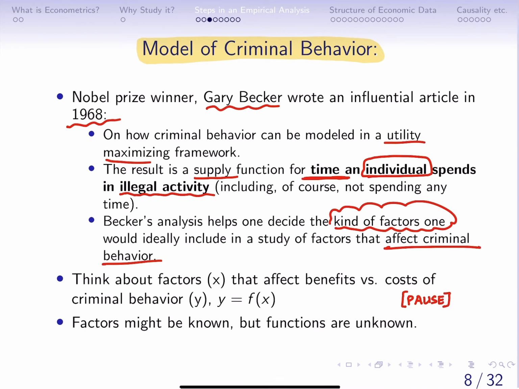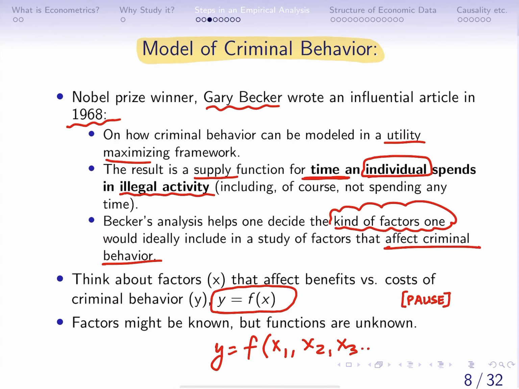So again, when you think about any sort of relationship, it's always good to conceptualize using something like this. What we did with the demand equations in the previous slide, you can do that here. So you can say, well, criminal behavior Y is dependent on or maybe correlated with certain factors, right? So you can have certain factors. And this is a good time to pause and write those factors down before listening to the next part.